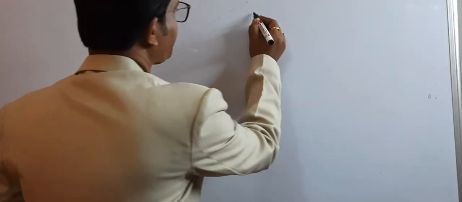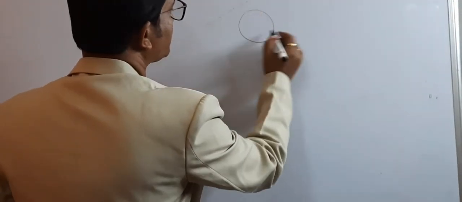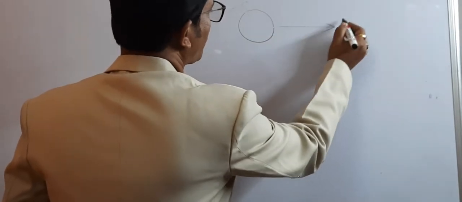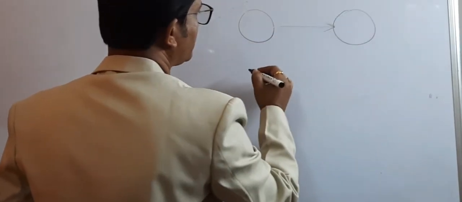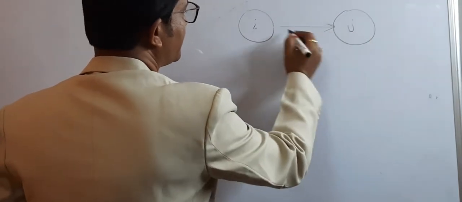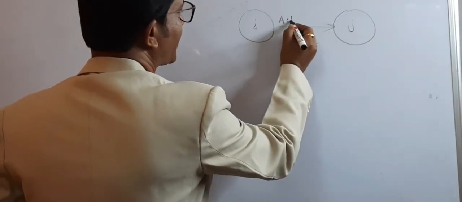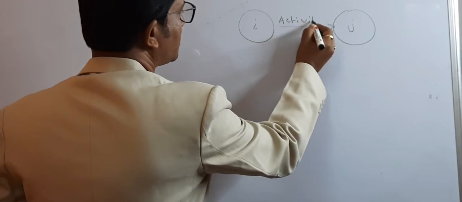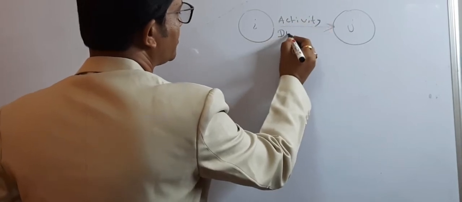Now let us say a few words about the activity on arrow. This is the diagram for activity on arrow. This is I, this is J, this is activity, and this is duration.